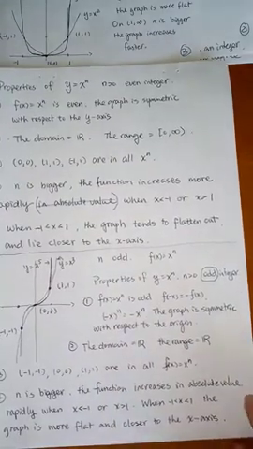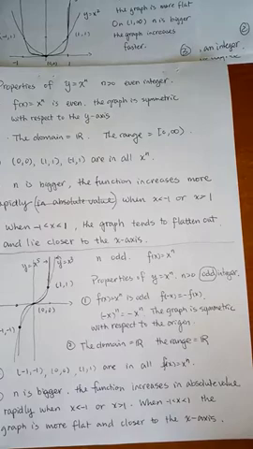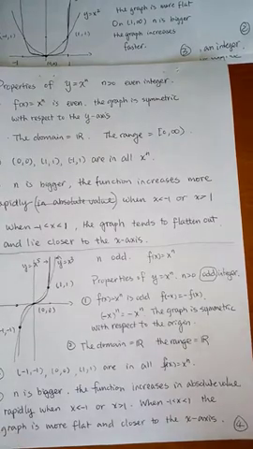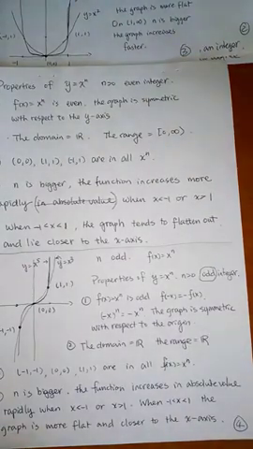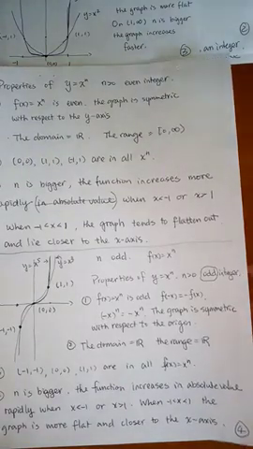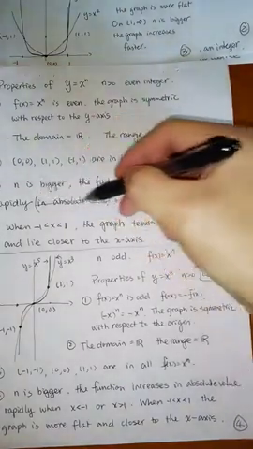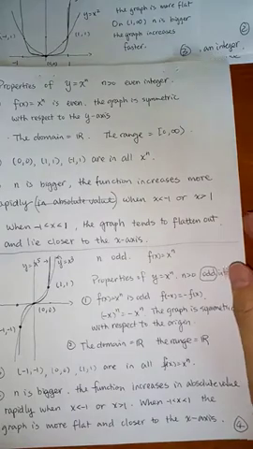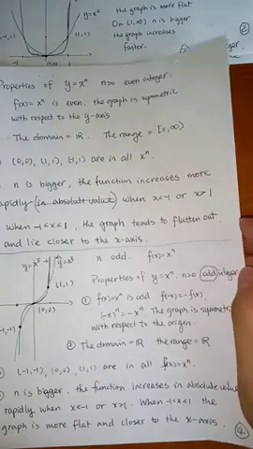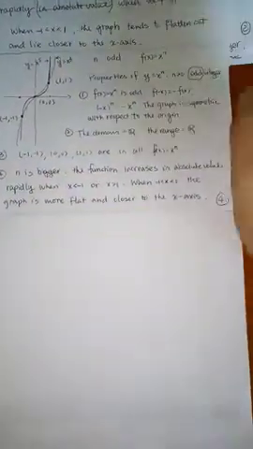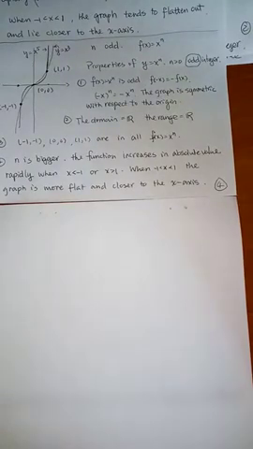Closer to the x-axis. Okay, so that's the general property for x to the nth power, n even and n odd. No absolute value here. It's always positive.